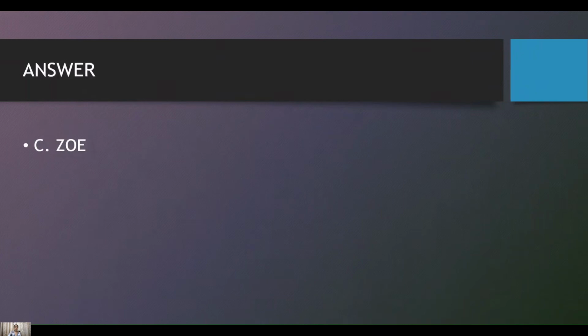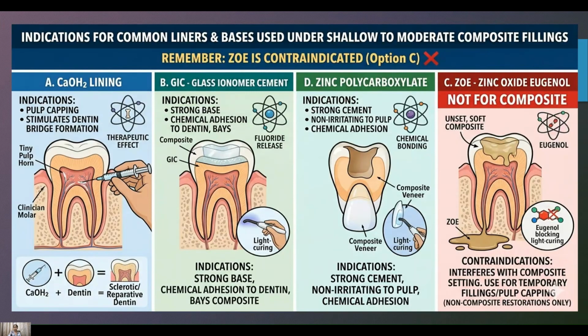So let's talk liners and bases. When you are dealing with a shallow to moderate composite filling, you want materials that play nice with your composite resin. Zinc oxide eugenol, or ZOE, is the odd man out here. Why? Because eugenol is a total party popper for composites.